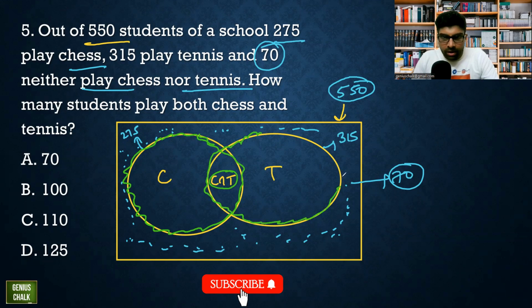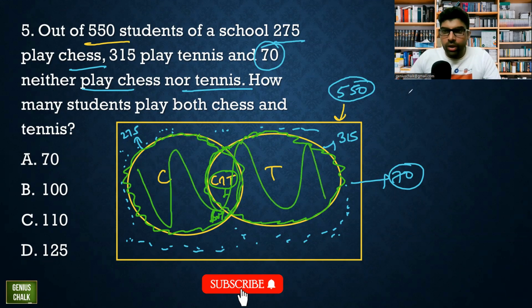You can see that this intersection, which is of both, is coming in chess as well as tennis. So this is repeated once. That's why we subtract. And this overall is called union. So what is the logic? The formula is chess union tennis equals chess plus tennis minus chess intersection tennis.